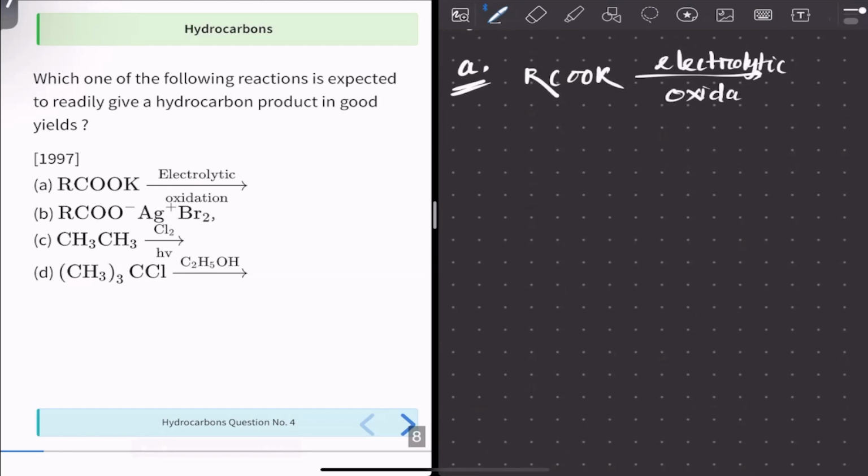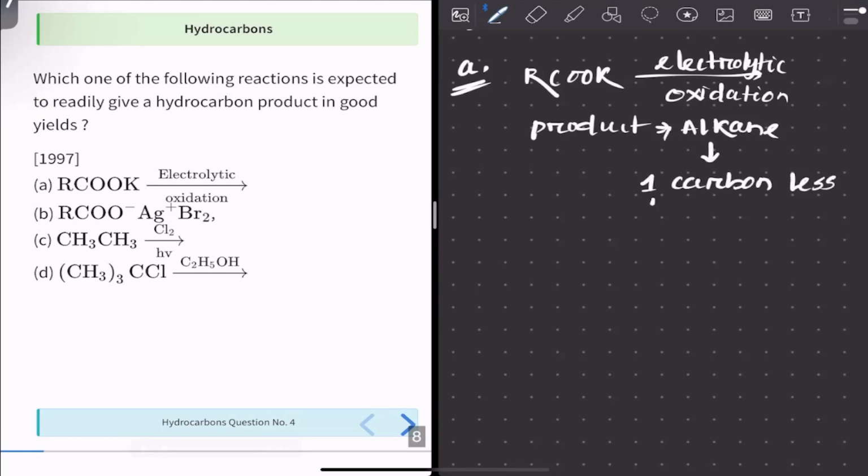So it is telling the electrolytic oxidation of the potassium salt of carboxylic acids. So let's see the mechanism here. For this reaction, the product will be an alkane, but one carbon less than the parent chain.